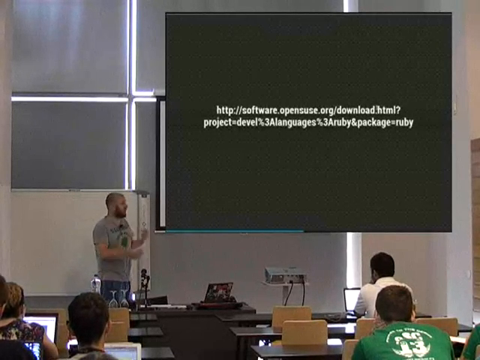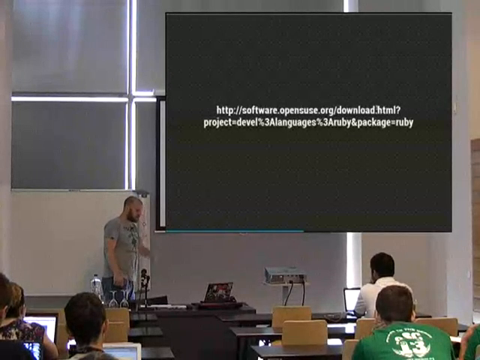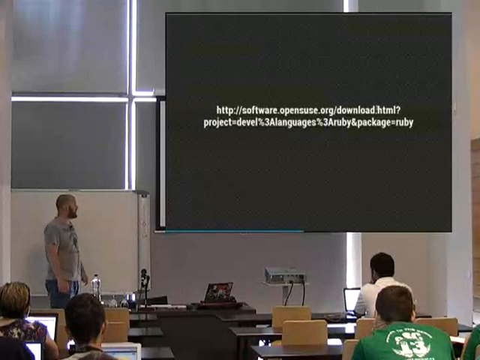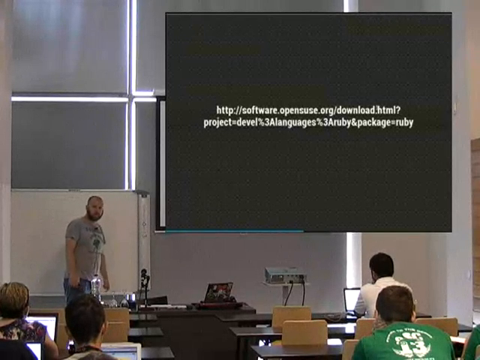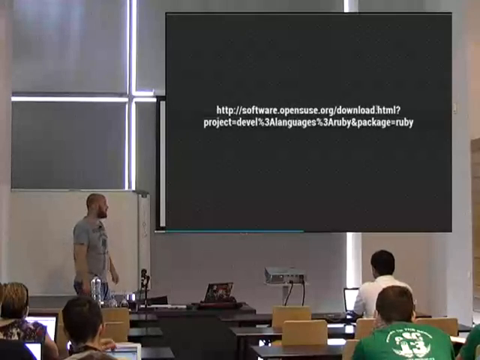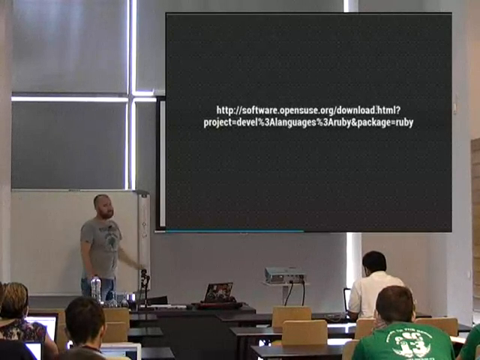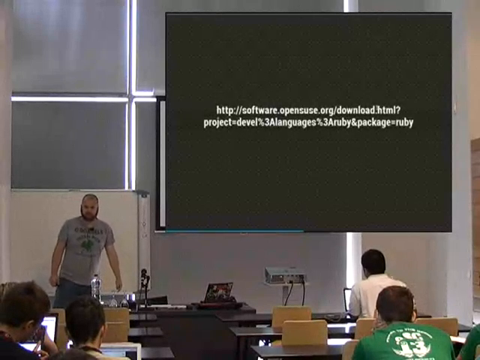They are moving very fast. But don't worry, we have this awesome build service project, Devel Languages Ruby, where you can always get the latest and greatest Ruby version. So you should install the package from that build service repository now.